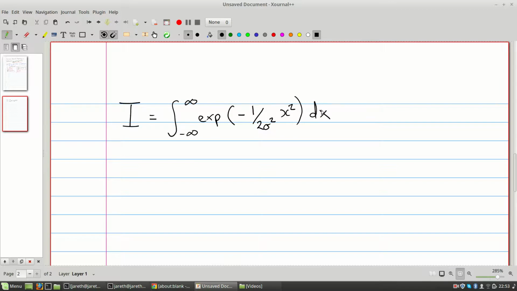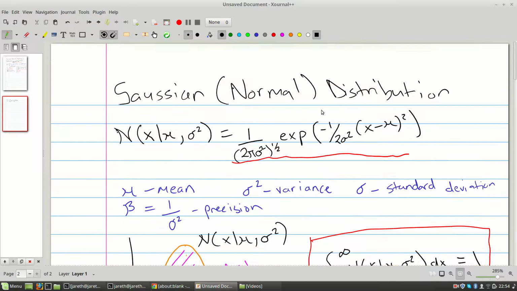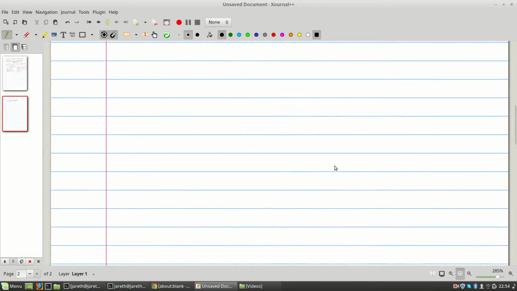This is one of the components of what we're calling the Gaussian distribution.